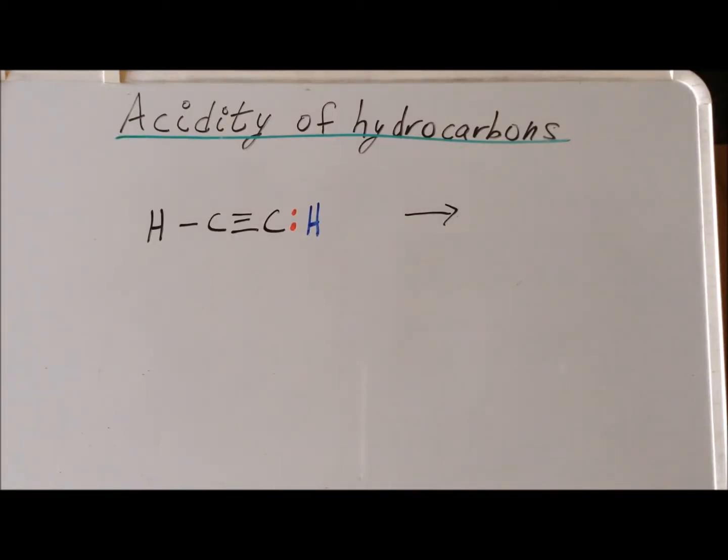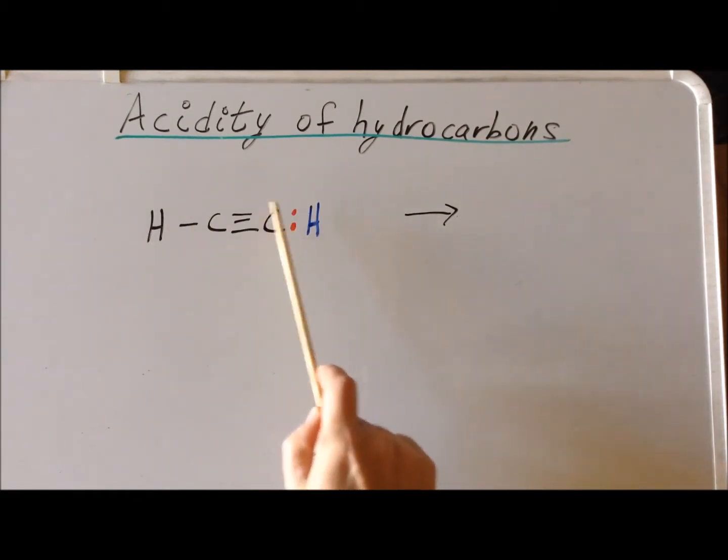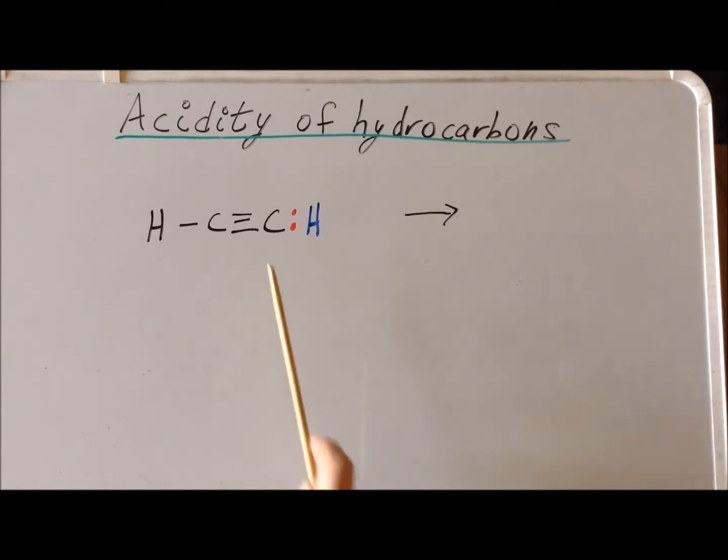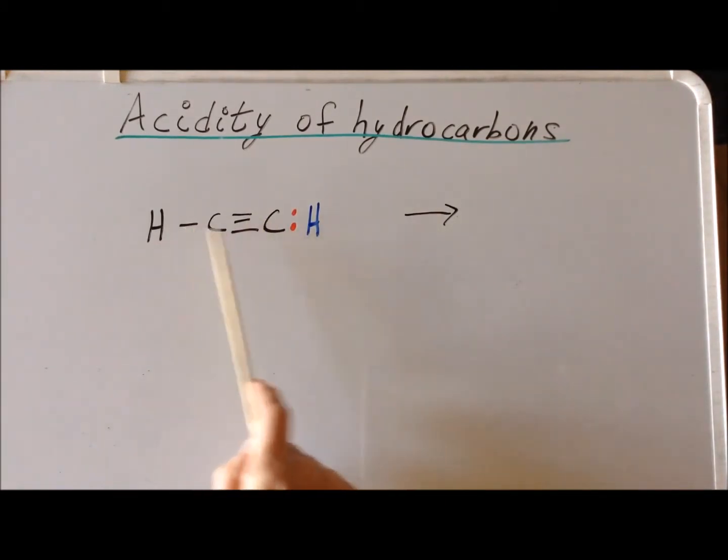Our first and simplest alkyne is acetylene, called in the IUPAC system ethyne, and we're going to see that this carbon is sp hybridized, and we'll see in the three-dimensional diagrams that this is a linear molecule, which is what we'd expect for sp hybridization.